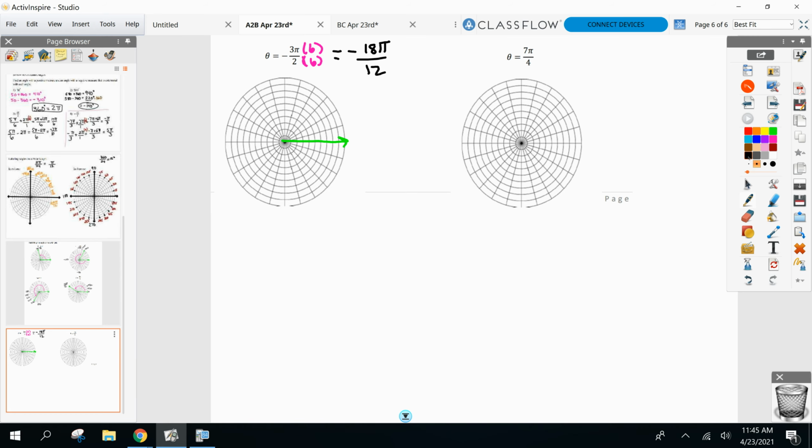Remember, this is 24, 23, 22, 21, 20, 19. There's 18 right on top there. Make it out of 12 if it's not. And as usual, this is negative, so I should be going clockwise with my arrow. Hopefully, you guys are doing some hardcore stuff here. This is some serious pre-calc. Be proud of yourselves.